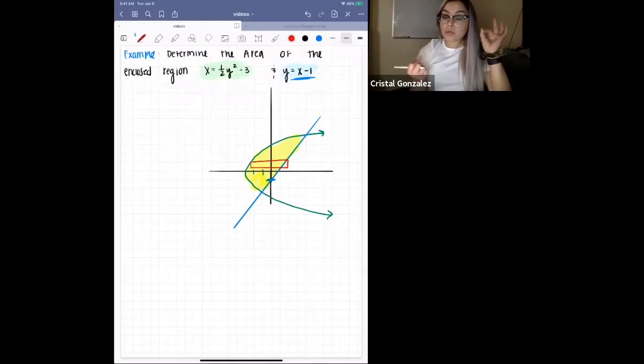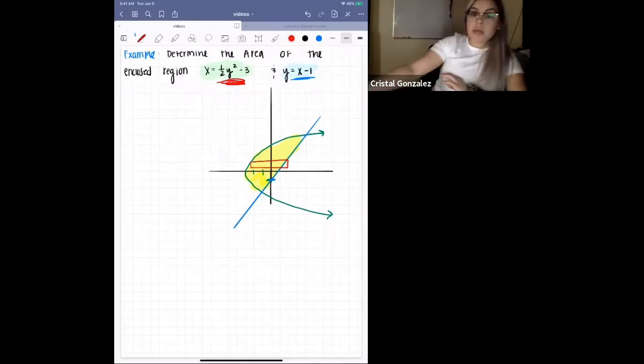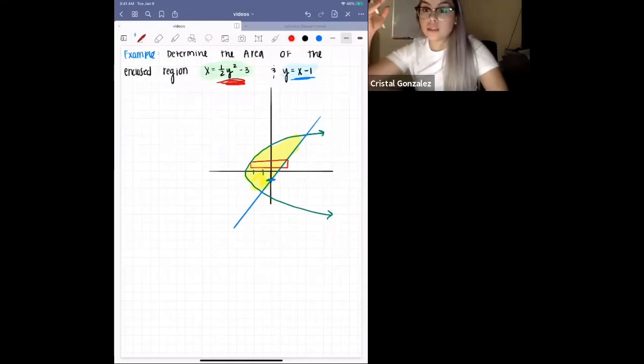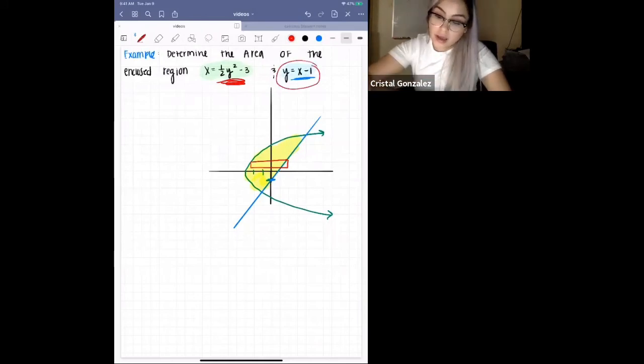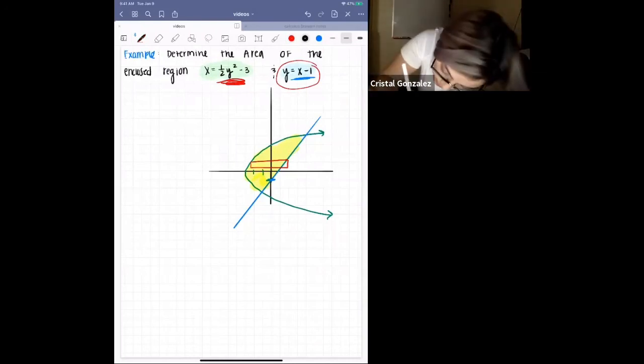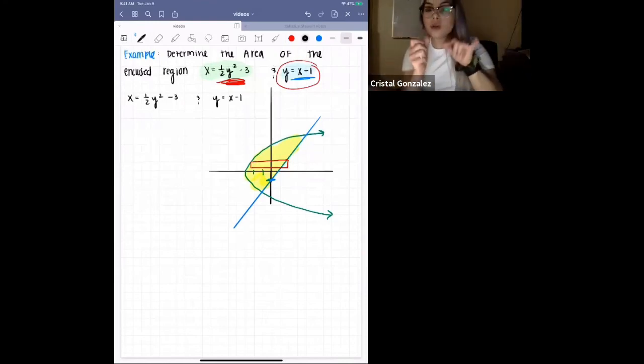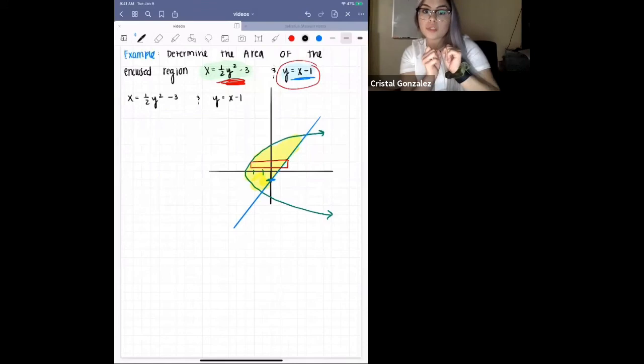But before we set these two equal to each other is here, we wrote this so that our independent variable was y, but here our independent variable is x. And so we have our function x equals 1/2 y squared minus 3, and our function y equals x minus 1. And I know that I'm going to want to set both of them equal to each other. But if I set both of them equal to each other right now, I can't.